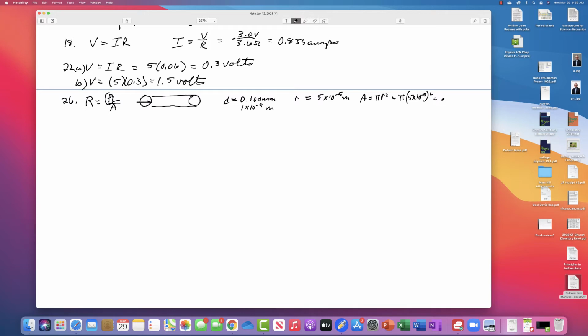So the cross-sectional area here is 7.85 times 10 to the minus 9 meters squared. Okay, and there's a table in your book that gives you rho, the resistivity, and in this case it's 5.6 times 10 to the minus 8.